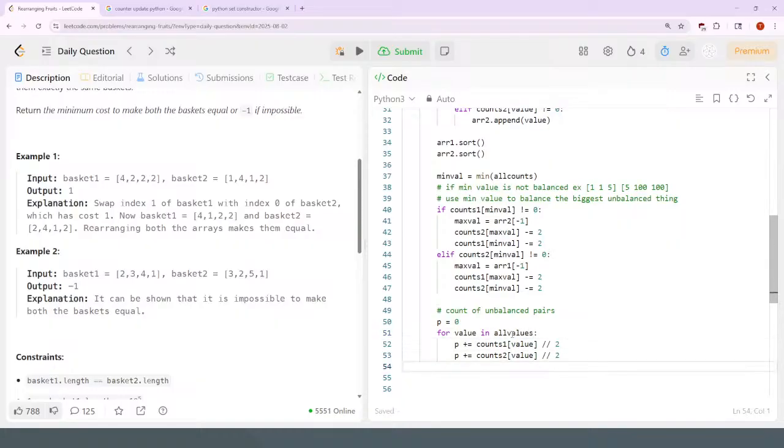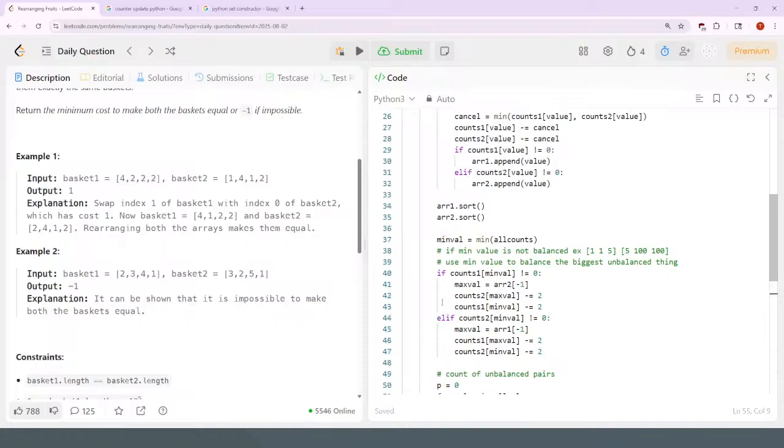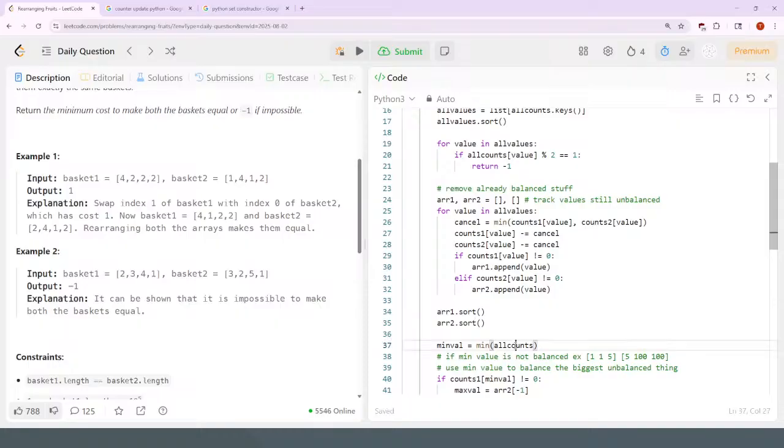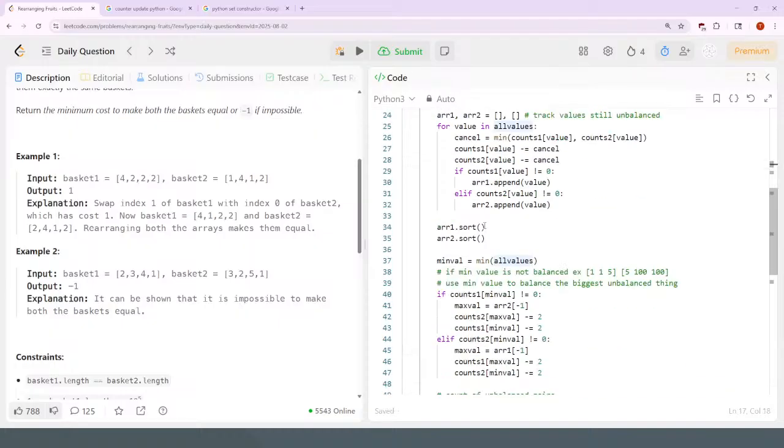Count of unbalanced pairs. Okay, so I have my sorted all values. Min value of all values, actually.